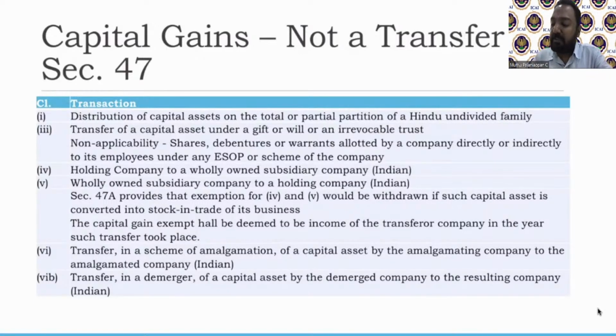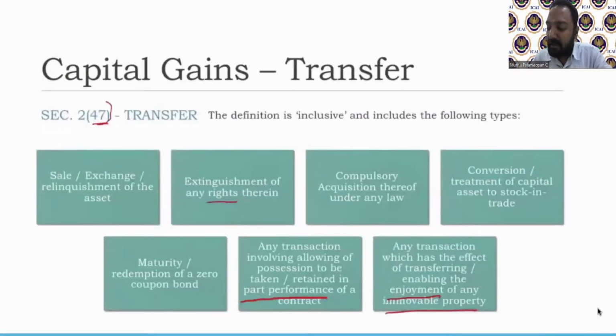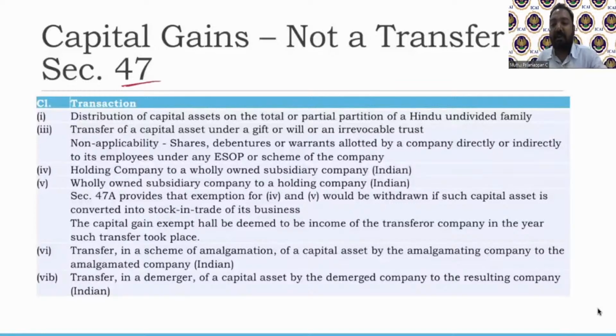So transfer was defined in section 2, clause 47, correct? Section 2, clause 47. And not a transfer is section 47. Remember the coincidence? Section 2, clause 47 defines what is a transfer. Section 47 defines not a transfer.